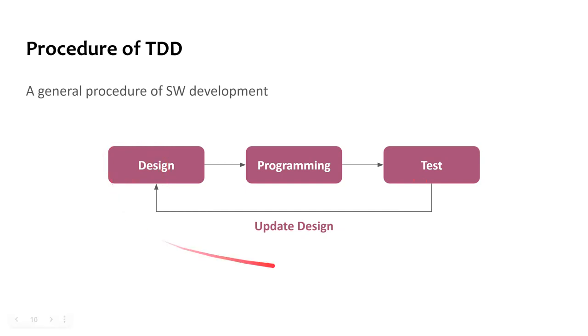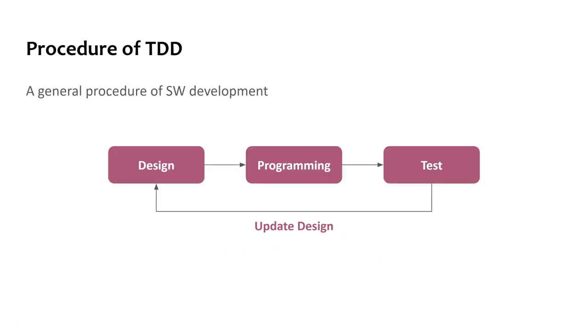So that is a basic or general procedure of software development. However, in the real world, this could be somewhat very difficult because when you make a big program, then going back to the design process again can be costly.